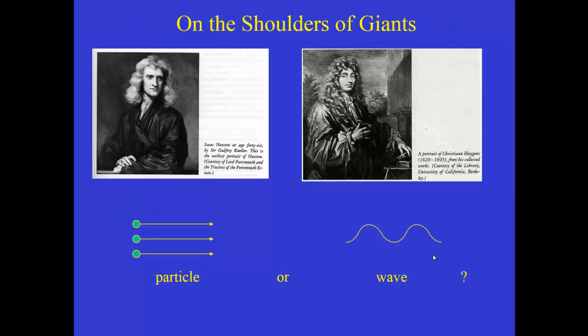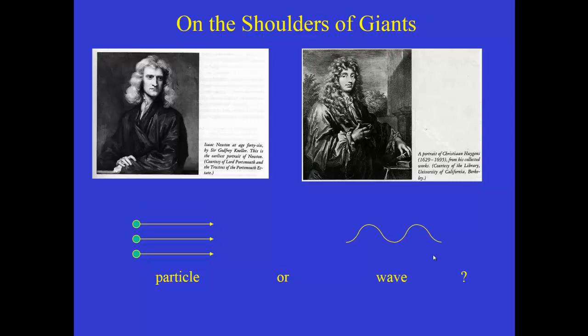So, schematically, here's the big question. Was Newton right? Was light really a stream of particles, or was it more like a wave? One of the reasons why that question was hard to answer was that if light really was a wave, as Huygens believed, it should have been possible to devise an experiment where you could see its wave properties, or where perhaps you could measure its wavelength.